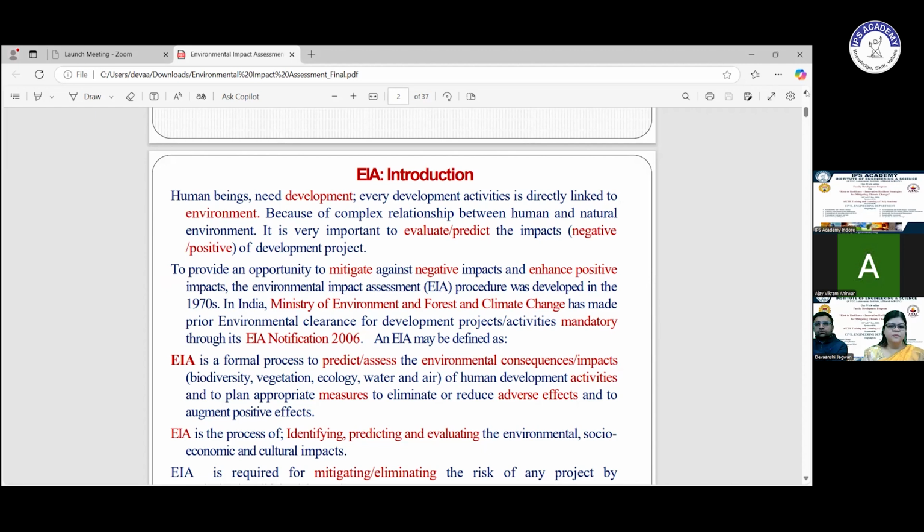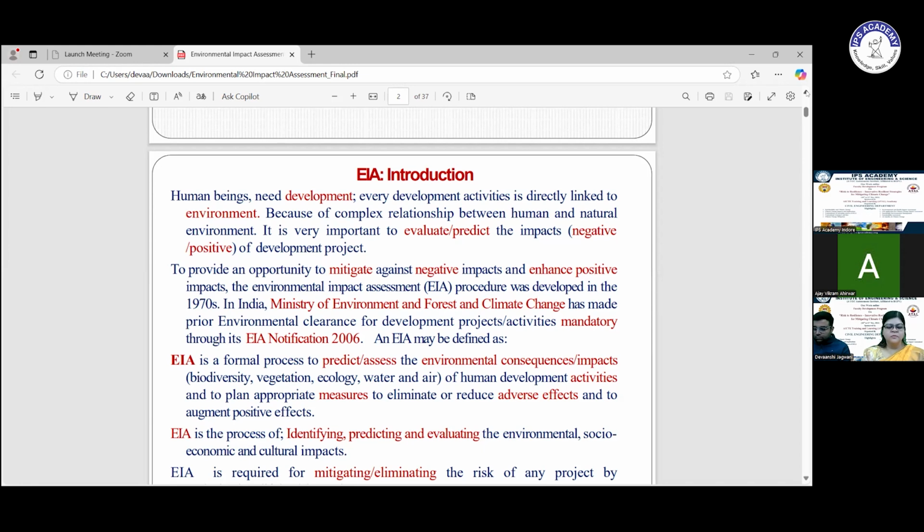The environmental impact assessment procedure was developed in the 1970s in India. The Ministry of Environment, Forest and Climate Change has made prior environmental clearance for development project activities mandatory through the EIA notification 2006. EIA may be defined as a formal process.